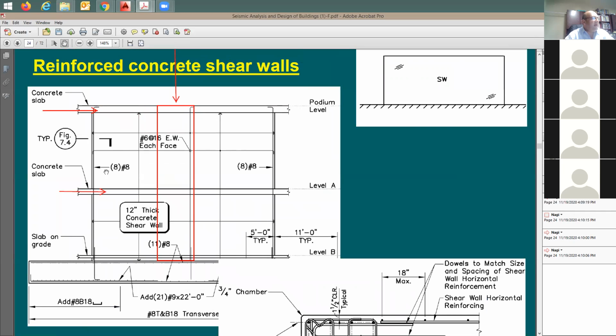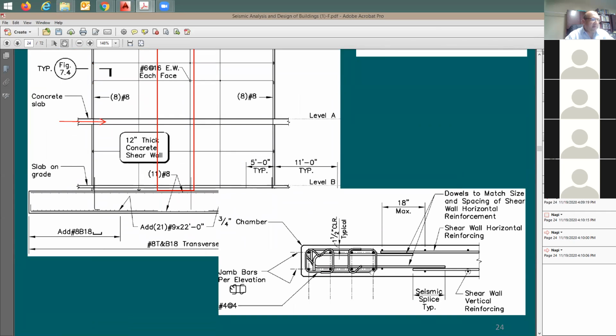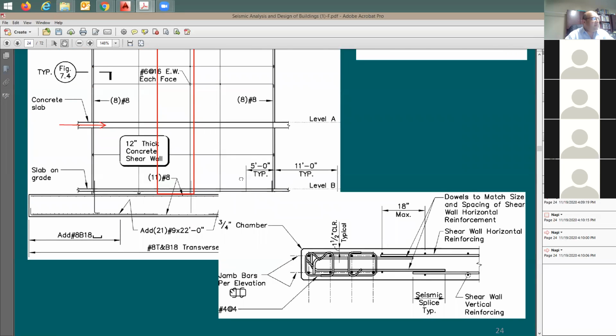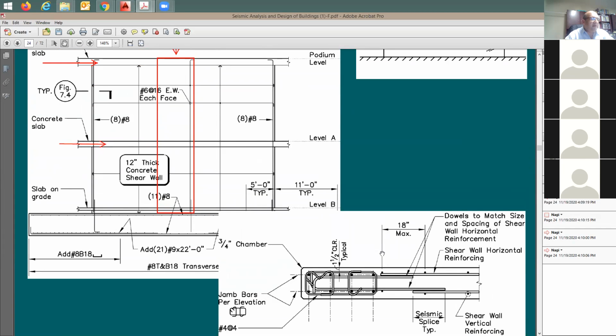If you look here at the end, it says 8 number 8. So you have 8 number 8 on each side of the wall. Look at this. This gives you the 8 number 8. We call this jambars or boundary. This is going to be the boundary section of the wall. And in here, as you see, we put lots of ties.